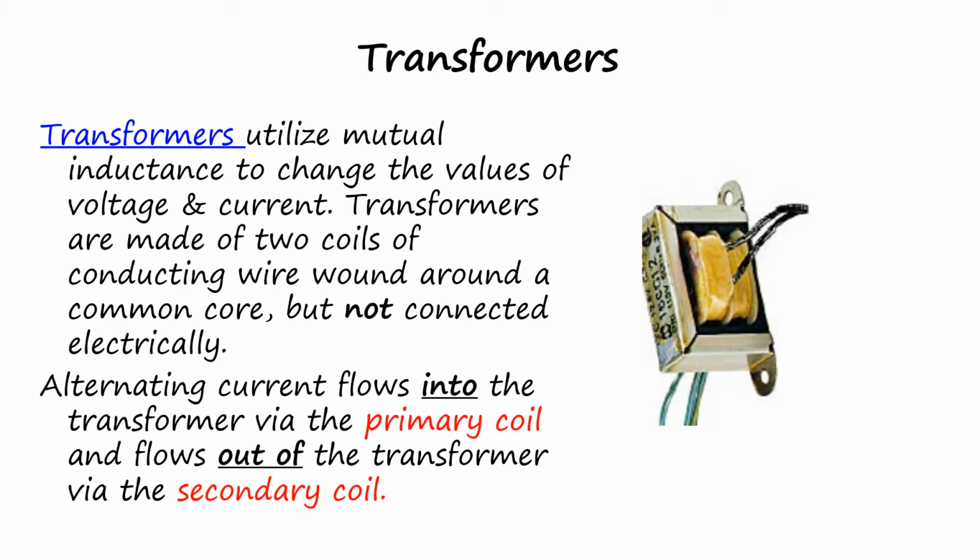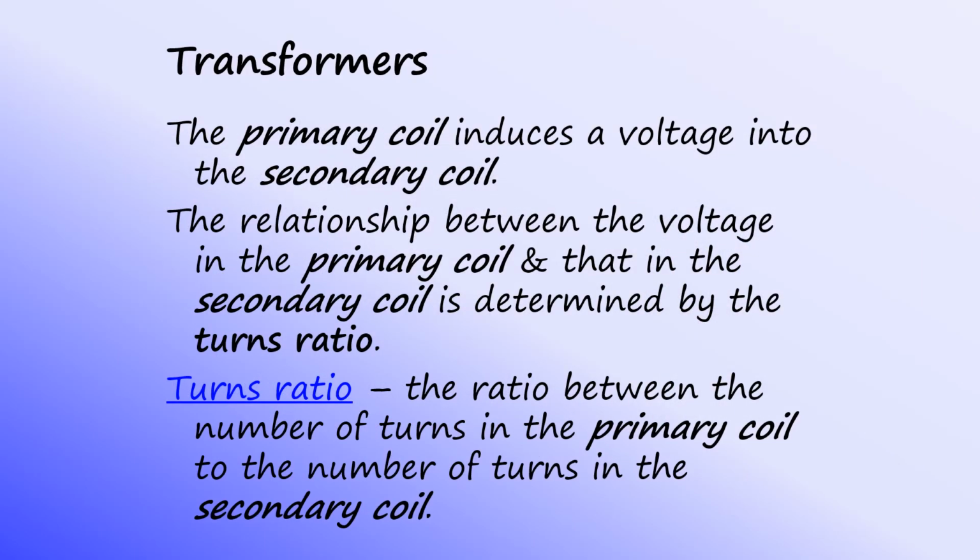Transformers are made of two coils of conducting wire wound around a common core, but not connected electrically. Alternating current flows into the transformer via the primary coil and flows out of the transformer via the secondary coil. The primary coil induces a voltage into the secondary coil.